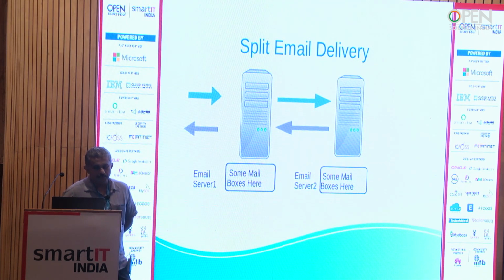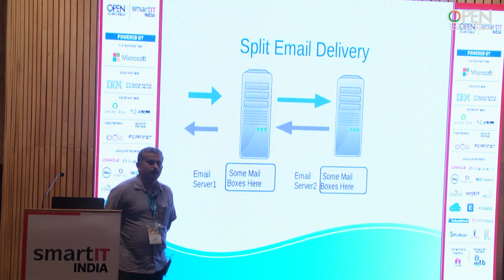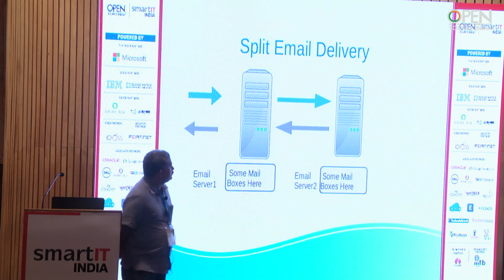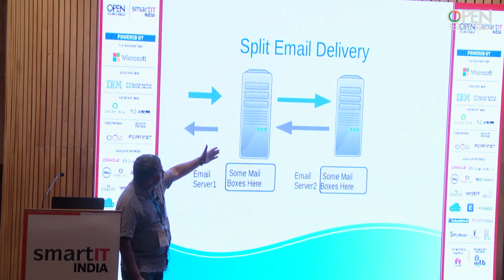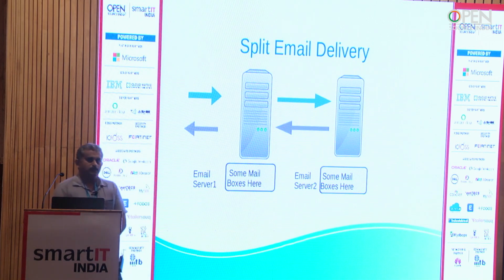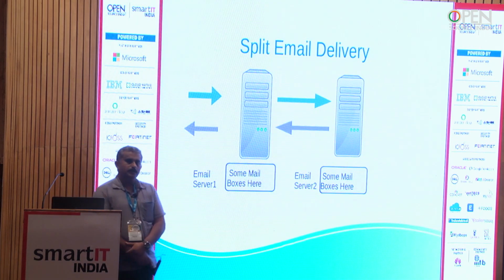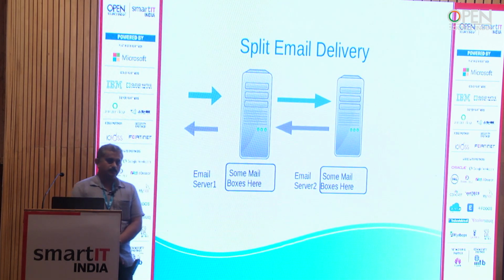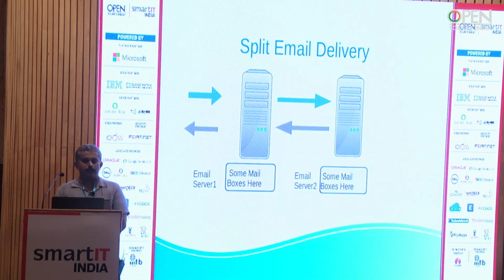When an email comes for a user on the second email server, the first email server, which is interfacing with the outside, receives the email and checks where the mailbox is stored. If it is on the second email server, it passes the mail to the second server. That is the split email delivery.